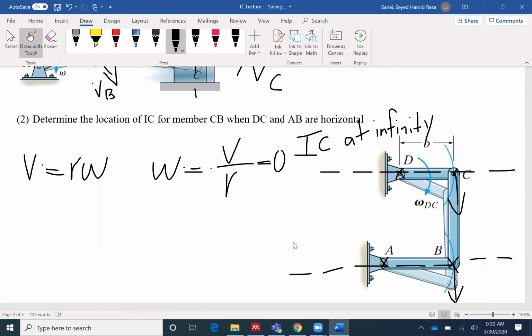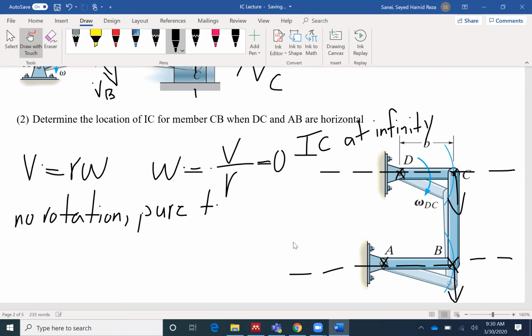So there is no rotation for this case. We could see that by observation as well, because there is pure displacement or pure translation.